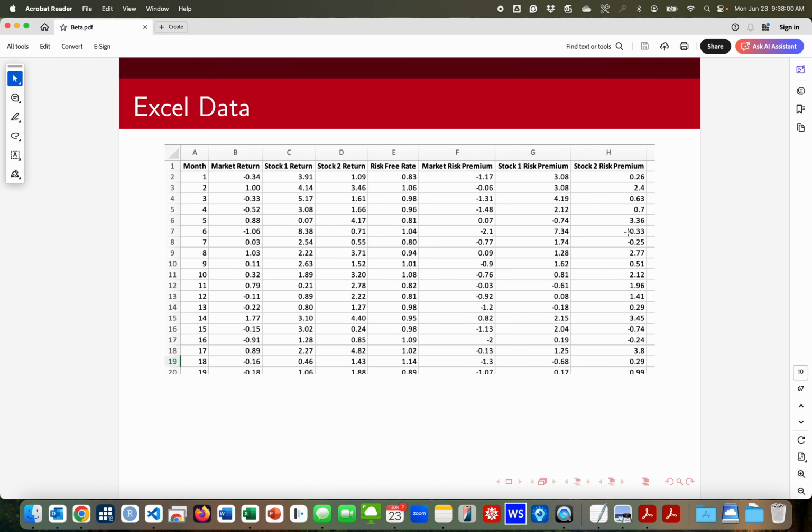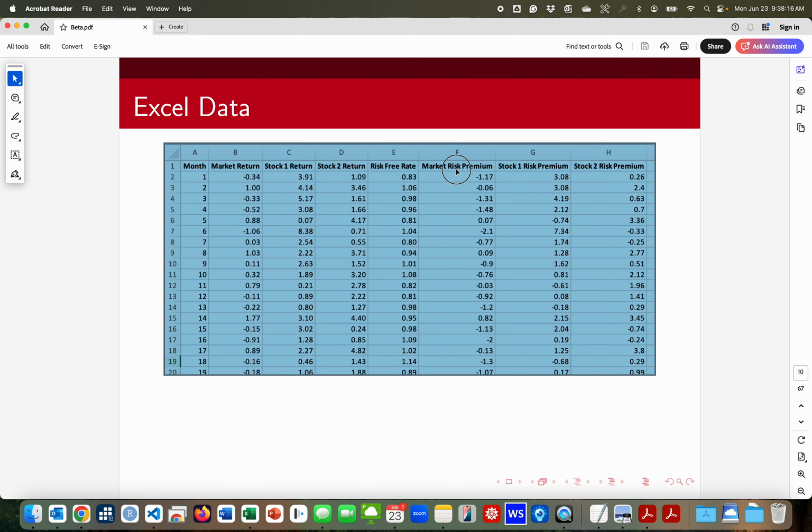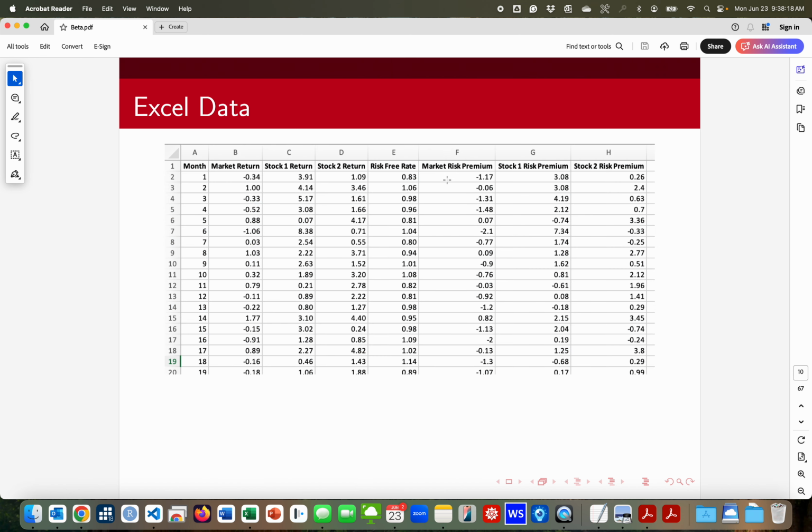So if you're looking at Excel data and how we actually do this, we have the market and the stock returns right here, and then the risk-free rate. This will all be given to you. So you'll be given the market return, stock returns, risk-free rate. The market risk premium, so this column F, is just this market return minus the risk-free rate.